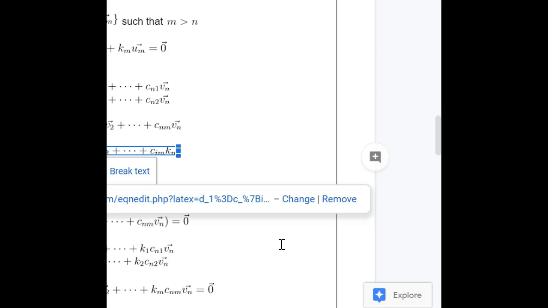It should be D sub i. All right, that's better. The D sub i's are going to be like the C i's times the K's, right? So we're going to make these D's, and they're not important yet, but they're going to come up.